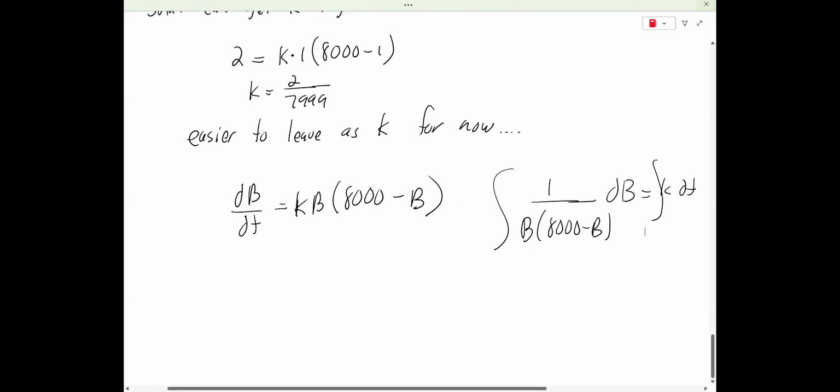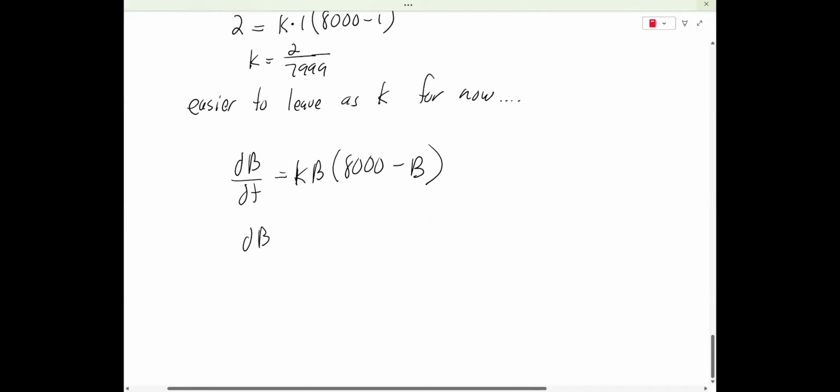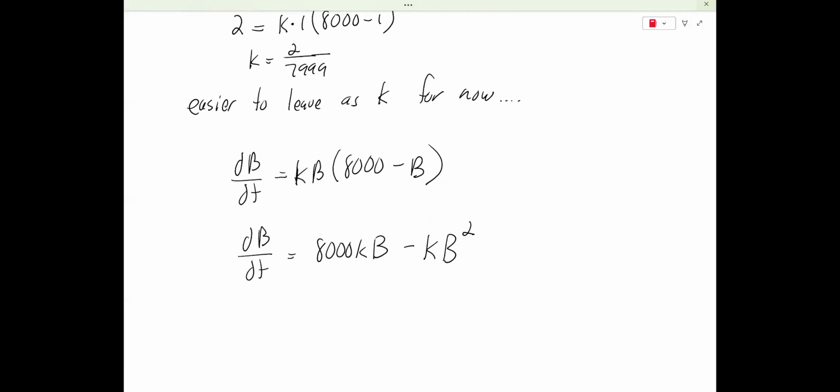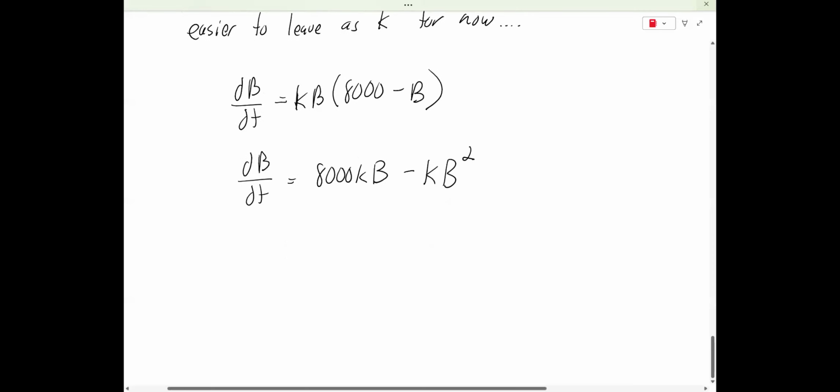But a better way to do this one, instead of looking at separable, I think it's easier to go ahead and multiply it out here, right? So we get dB dt is equal to K times 8,000 KB, minus KB squared, like that.